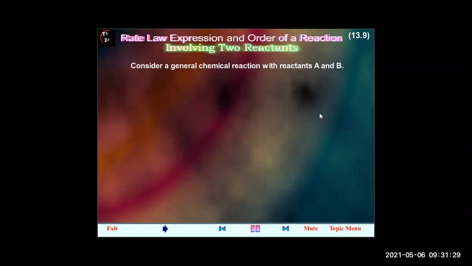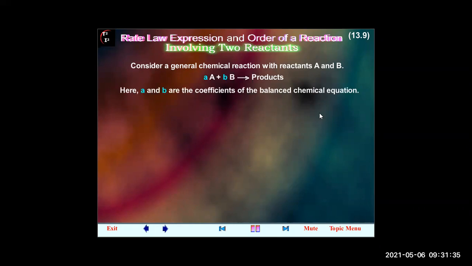Consider a general chemical reaction with reactants A and B. Here, A and B are the coefficients of the balanced chemical equation. The rate law is expressed as rate equals K times the concentration of A raised to the power of m times the concentration of B raised to the power of n.